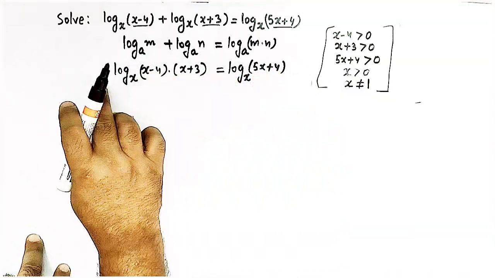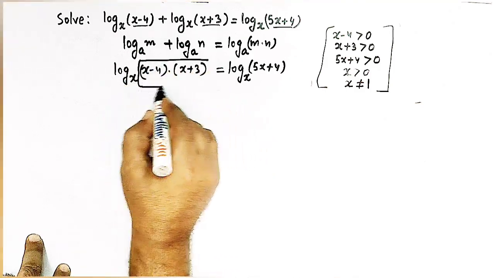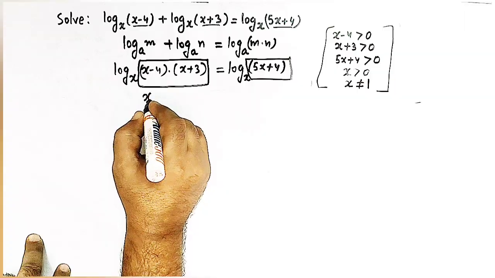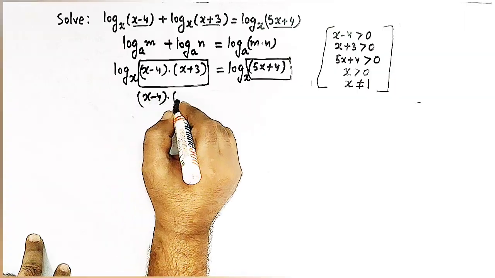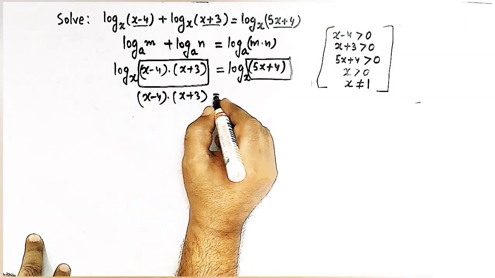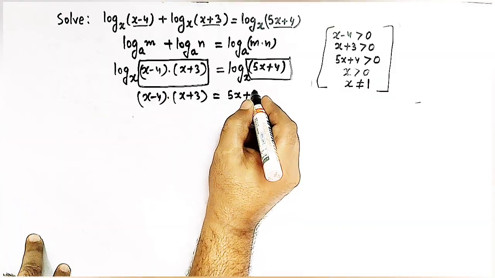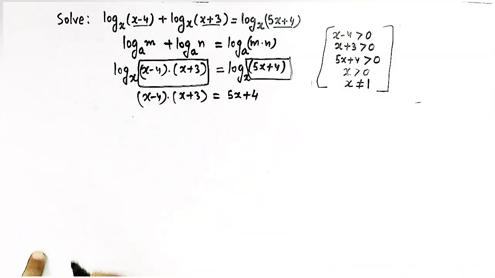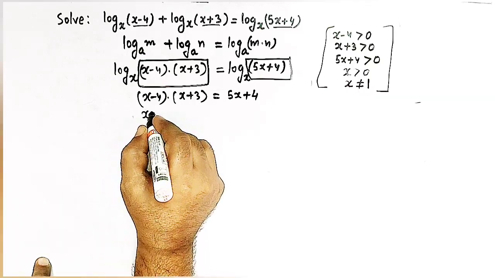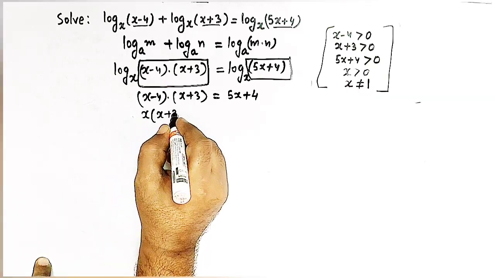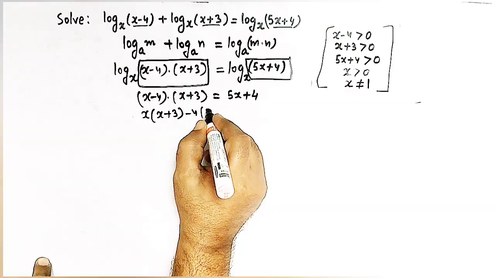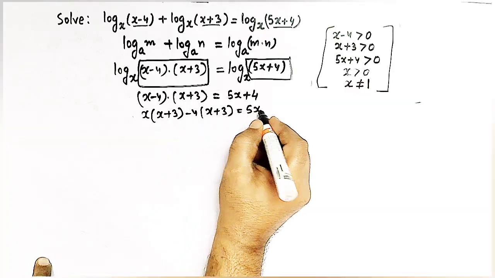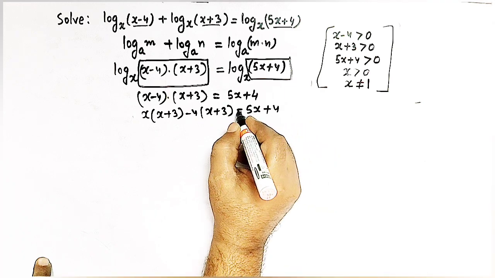So if we compare both sides, then this term is equal to this one, that is x minus 4 times x plus 3 is equal to 5x plus 4, right? So now let us multiply these two binomials. So we have here x times x plus 3, then we have minus 4 times x plus 3, and here we have 5x plus 4, right?